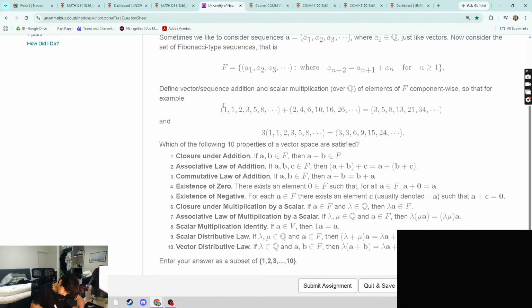Well, is there a 0? 0 plus 0 is equal to 0 plus 0, so 0, 0, 0. Yeah, works.